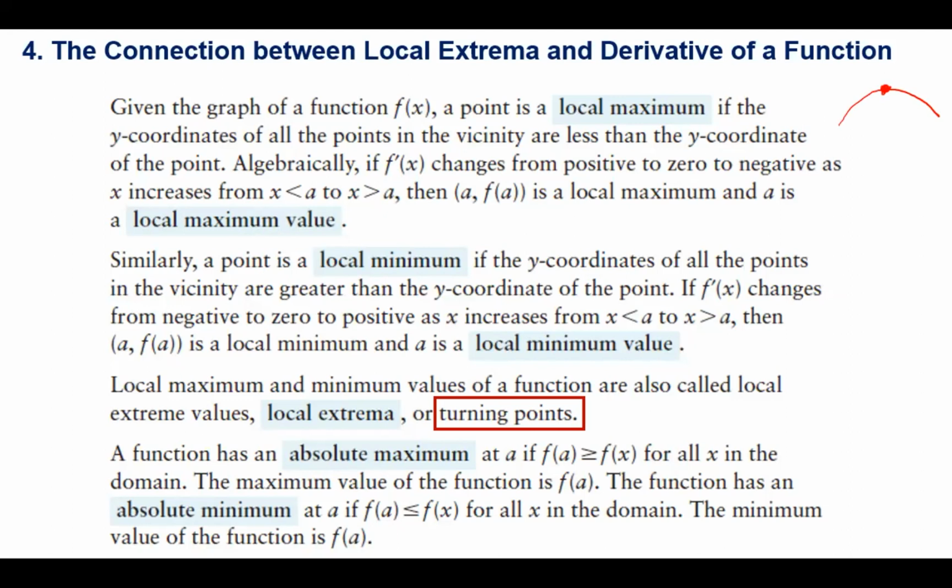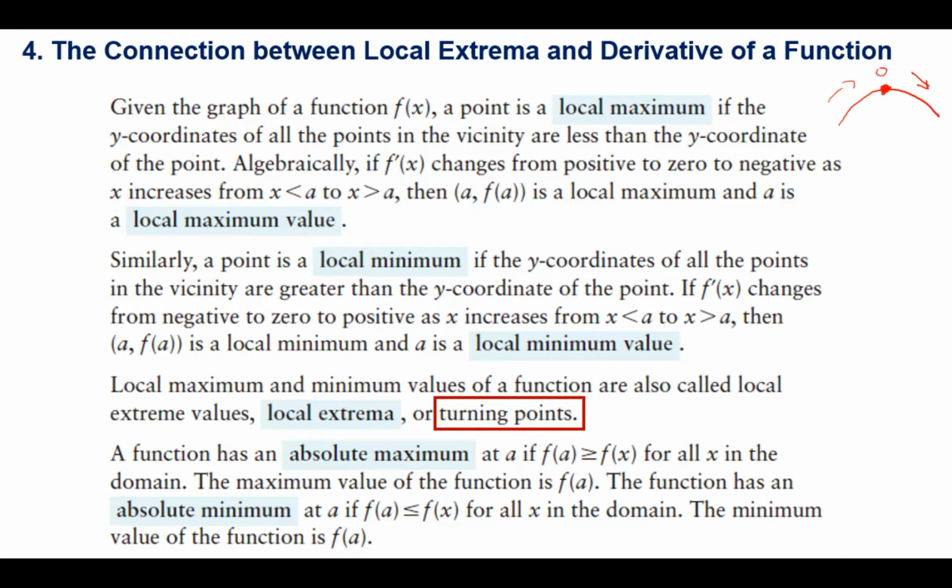Algebraically, if the first derivative of f(x) changes from positive, so that's positive before this point, to 0, so at this point the first derivative is 0, and then to negative. You can see here, after this point, the first derivative is always negative.